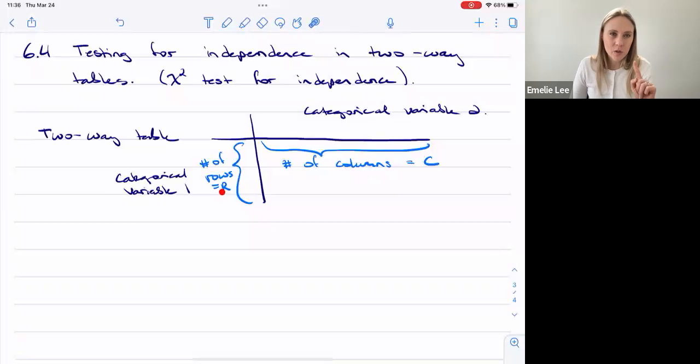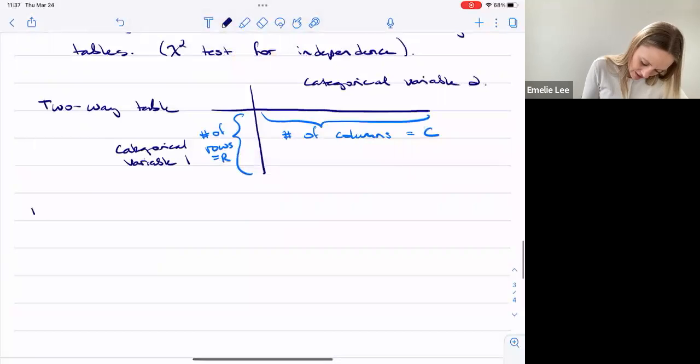Okay, so the idea stays the same, right? But now when we're testing for independence, we're asking, are the counts across the categories in variable 1 independent of the categories that they're in for variable 2? So notice there's going to be some overlap here.